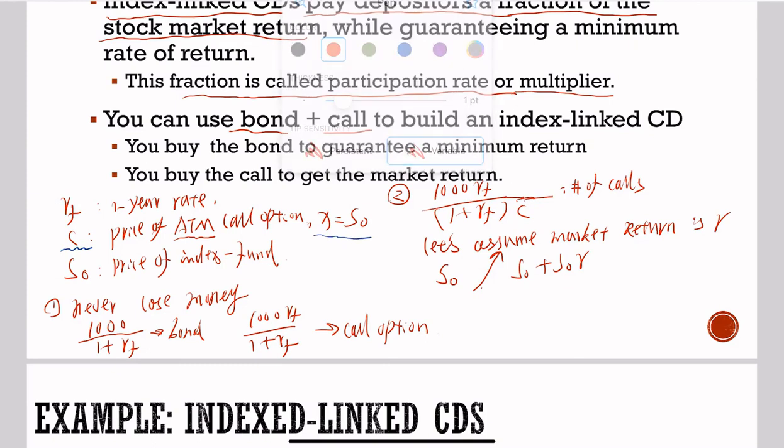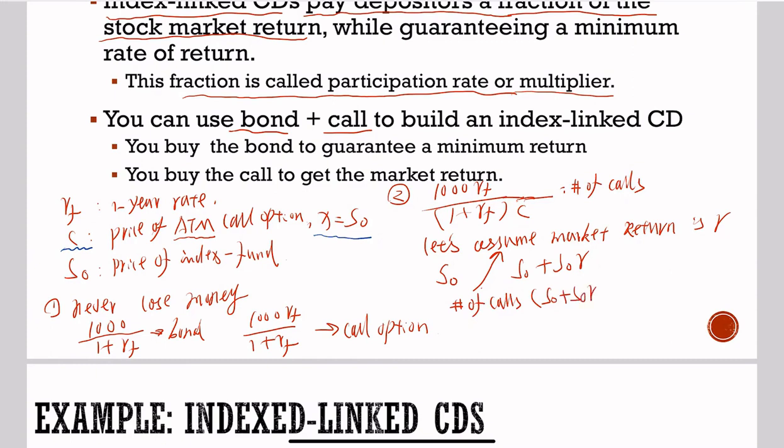So this basically implies that the total payoff on your call option equals the number of calls times S0R. So it's the number of calls times the market price minus the exercise price of your call option.